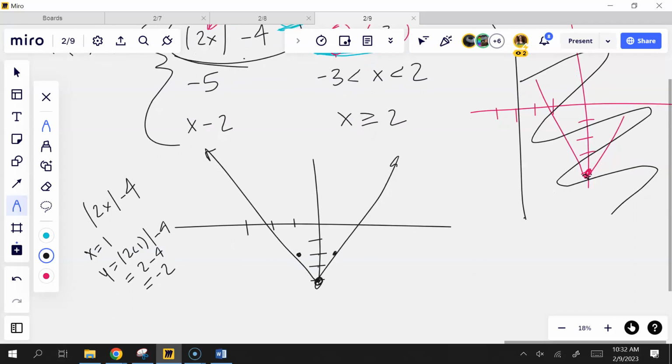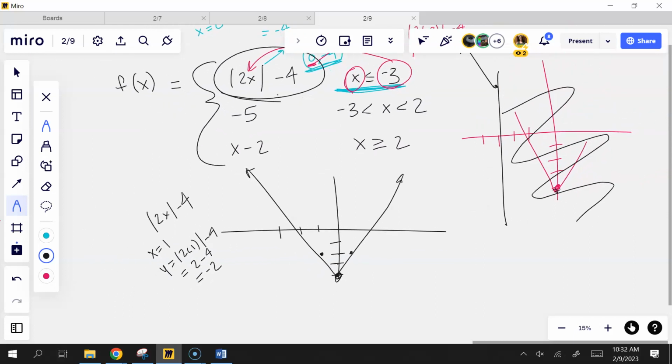That's where I'm cutting the function off and I'm saying, okay, it doesn't go past -3. Here's my line, cut it off. Which side of the line gets erased? The right side, because it says x has got to be smaller than -3. So none of this is a part of my piecewise graph. In fact, it's only this.